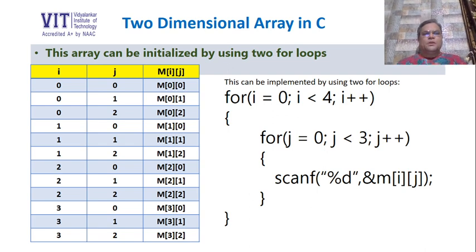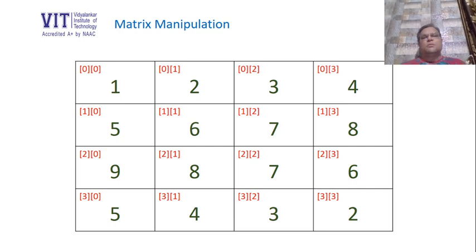So this will be the structure of a two-dimensional array if I assume the size of this array is 4 by 4. So this array consists of 4 rows and 4 columns. You can see in every element I have written the row and column index in square brackets to give you a clear idea of what the row index and the column index are for this element.